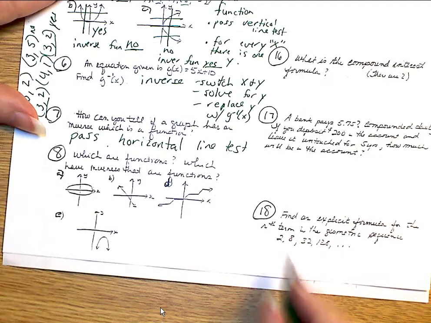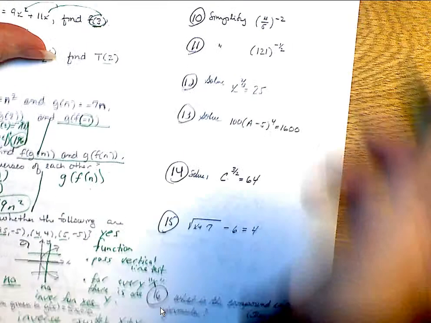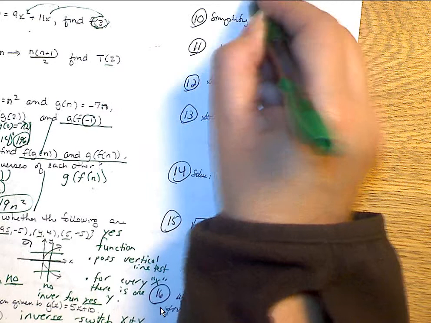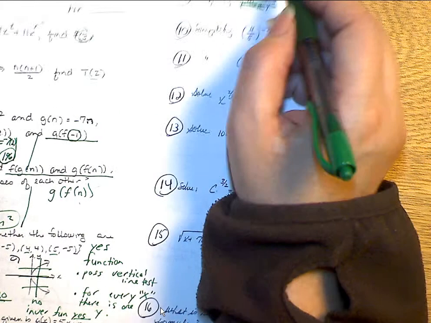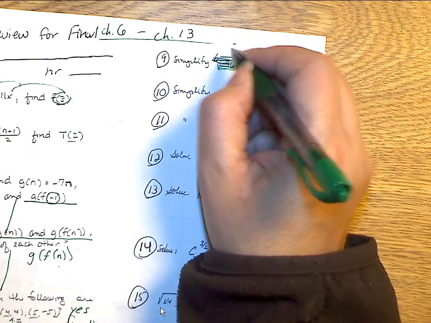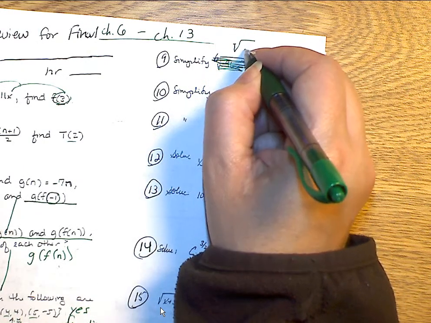All right, we talked about that. Number nine, I actually want you to cross out and replace it with this problem: the square root of a to the 14.